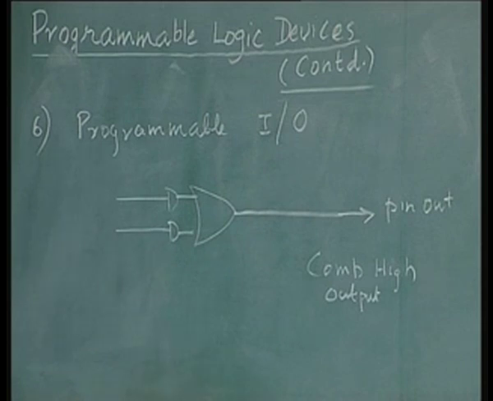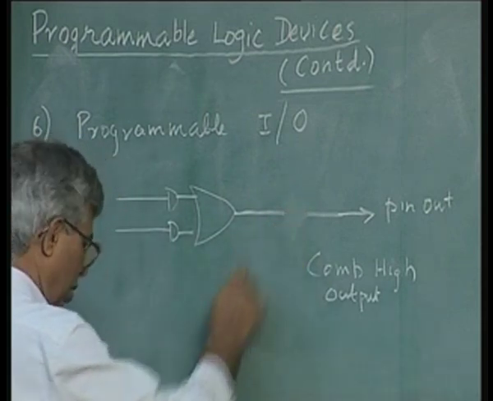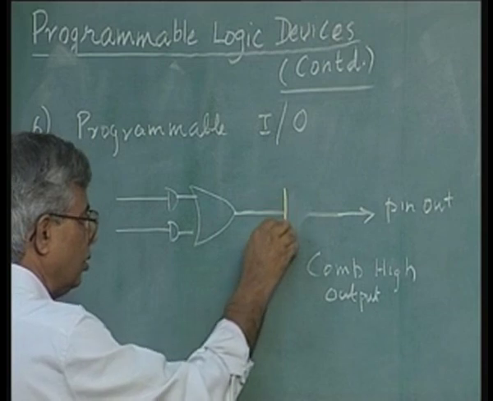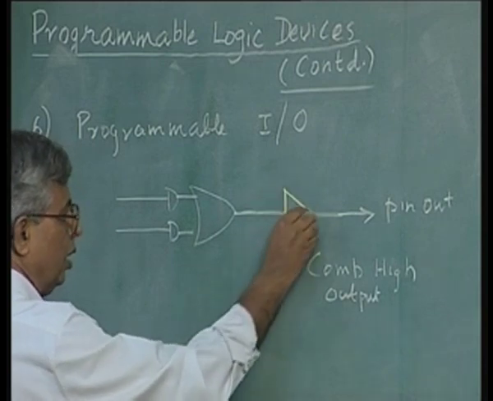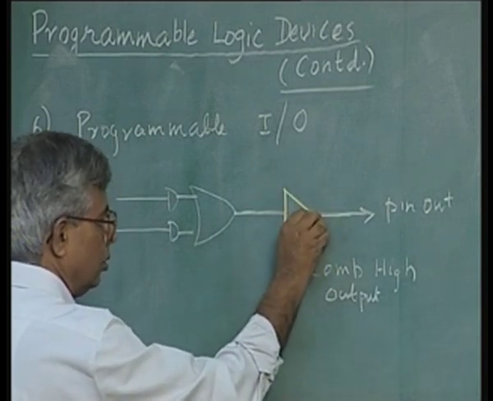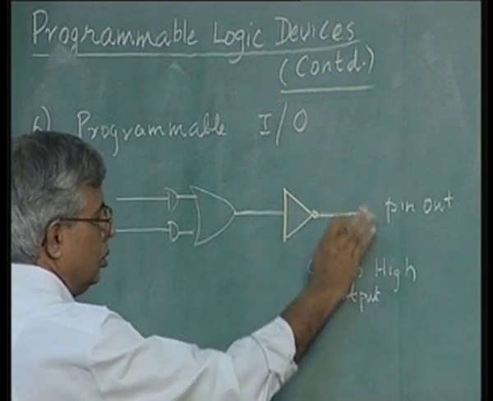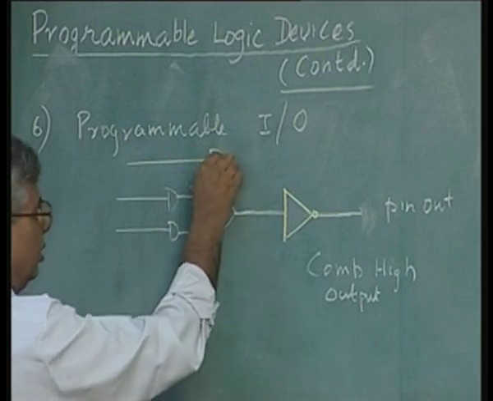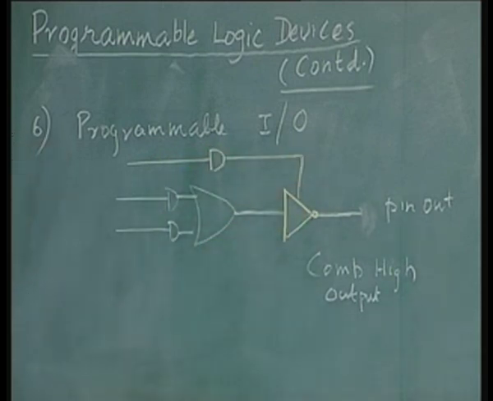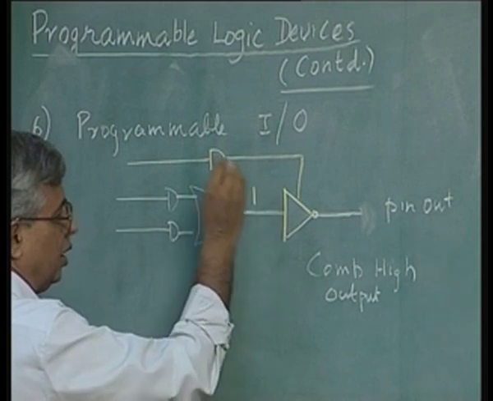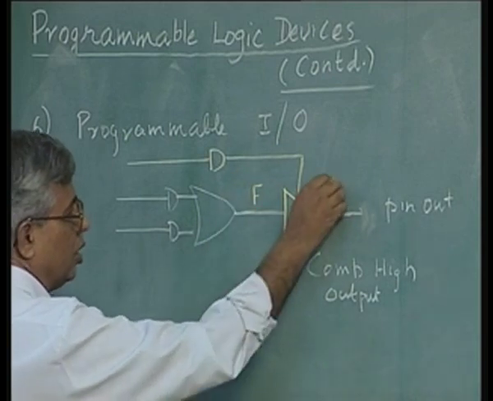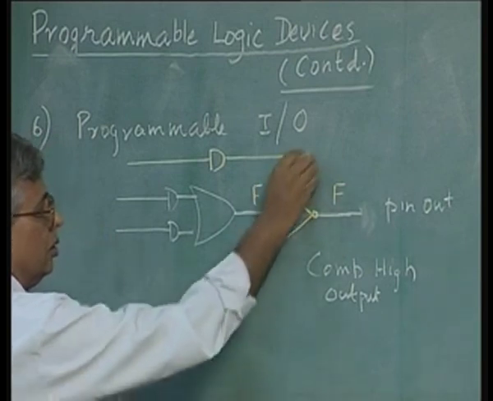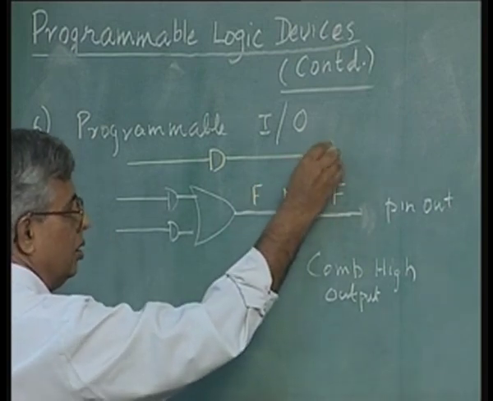The way it is done is very simple. You have again an enable buffer here, the same way I showed earlier. This buffer can be enabled by a combinational function using the combinational AND array, and if this is enabled, this function, let us call this f, gets through as f bar.